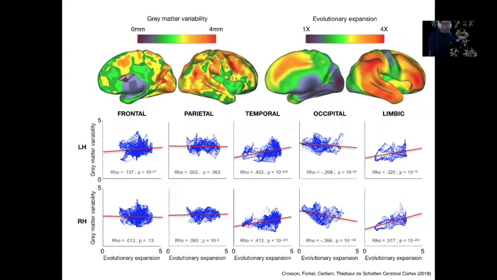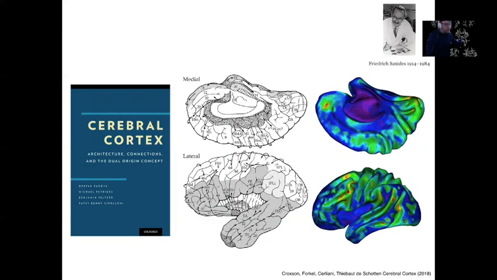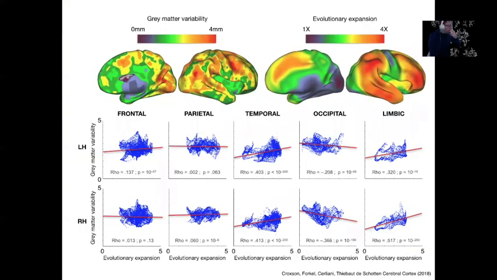So this has been confirmed not only because a model of evolution that we can see for the dual origin theory by Sanides in the middle matches visually the areas that are the least and the most variable on the right, but also because we have a strong trend of correlation, in the frontal, the temporal, and the limbic lobe, between the level of variability in the human brain and the evolutionary expansion if you had to stretch a monkey brain to make it a human brain.